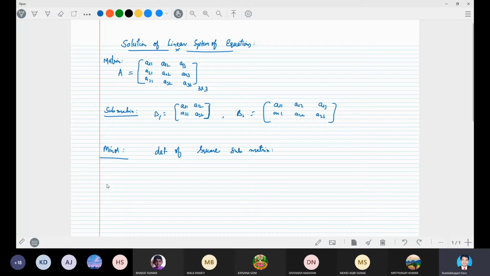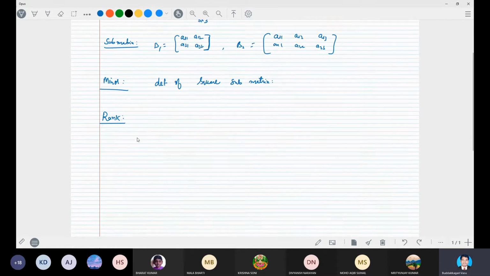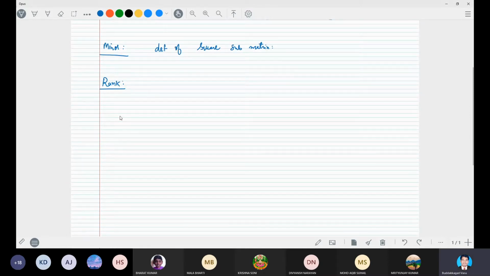Then define the rank of the matrix. Rank of a matrix.